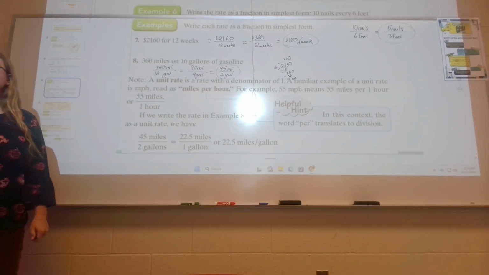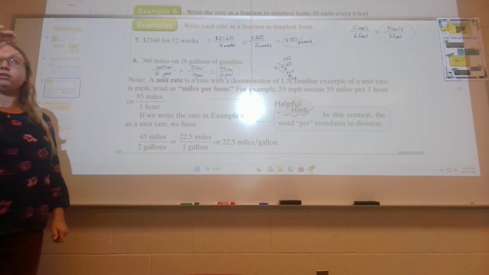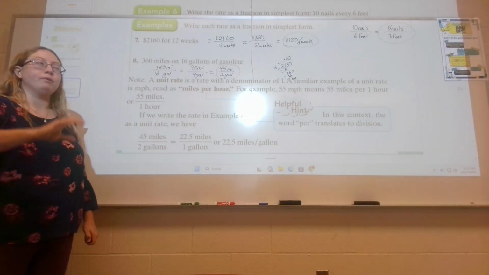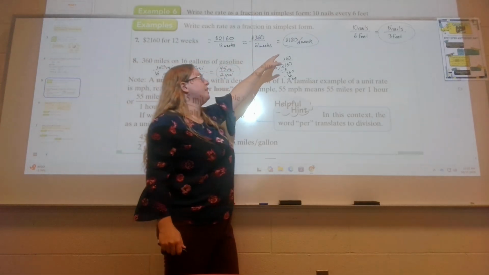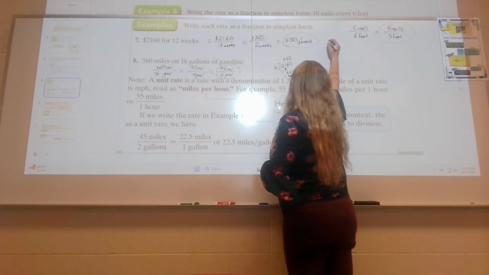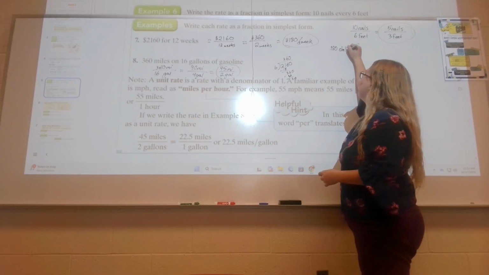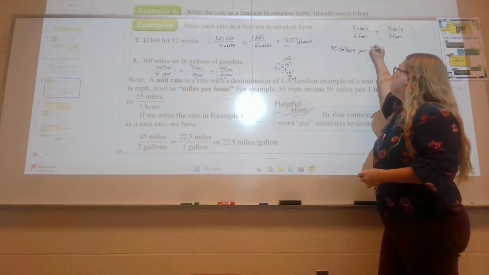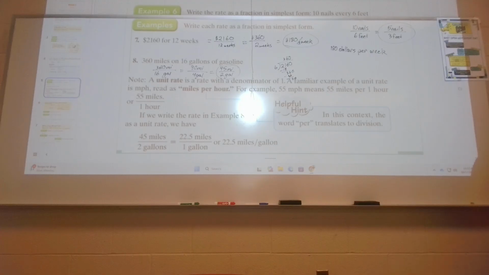So that's the unit, is that you drop saying the 1, you just say that it's the first unit per the second unit, right? Miles per hour. In the case of question 7, rather than writing this as $180 for every 1 week, I could say that this is $180 per week. Right? Because the per week implies that it's just a single week that we're looking at.